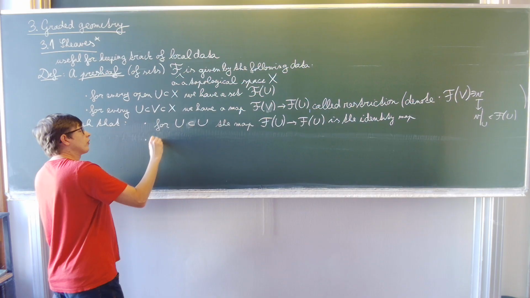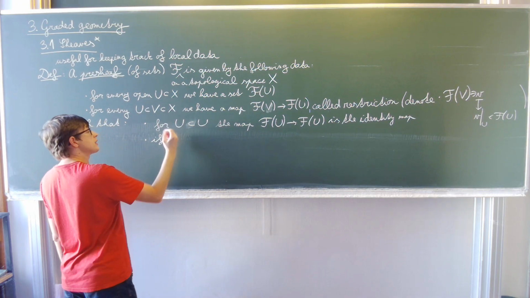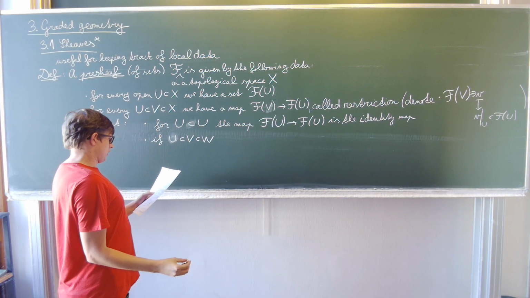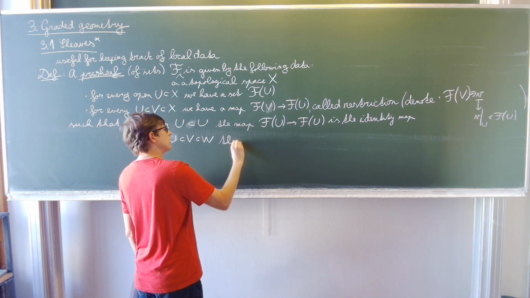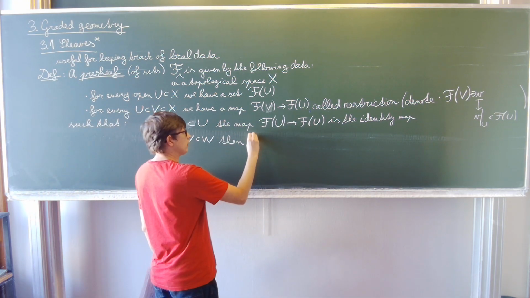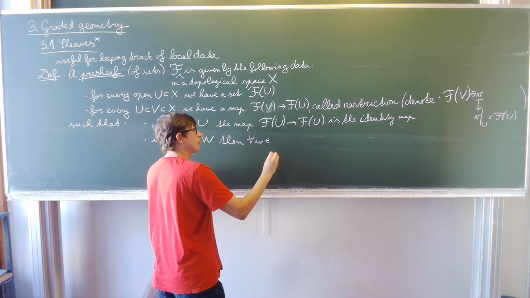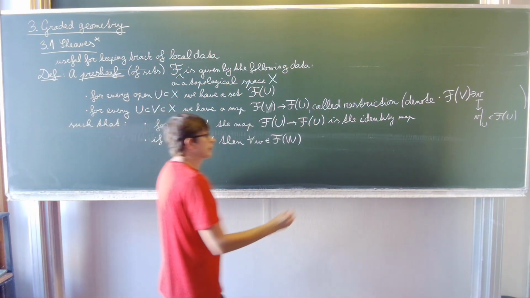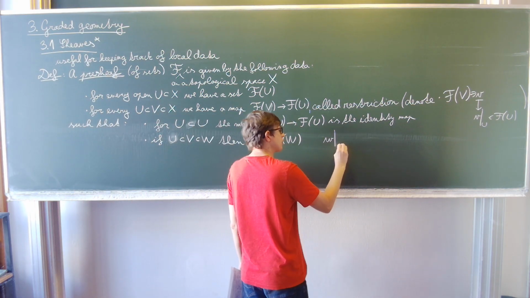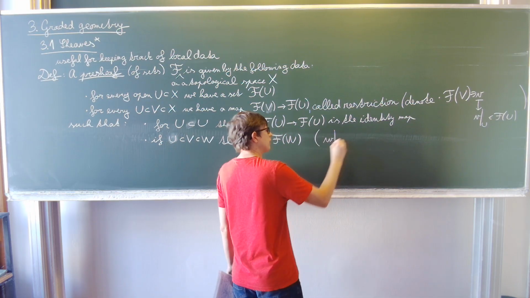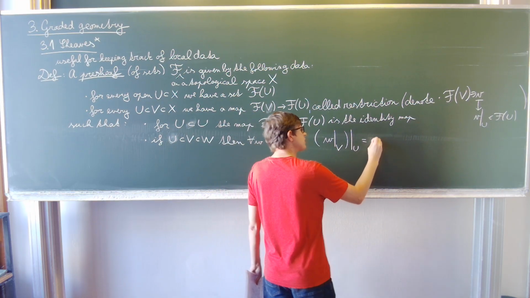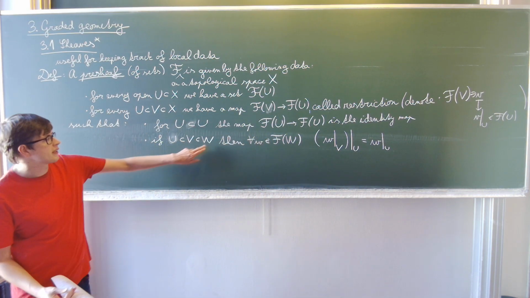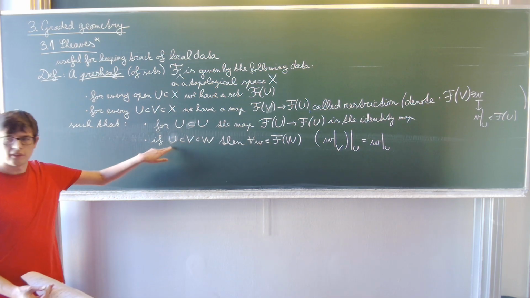So if we have three open sets, say U inside V inside W, then the obvious thing: if you take an element in the biggest set and restrict it to V, and then restrict the result further to U, this should be the same as directly restricting to U. So restricting step by step is the same as restricting all the way.